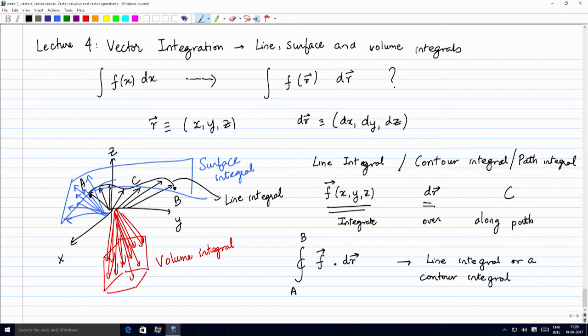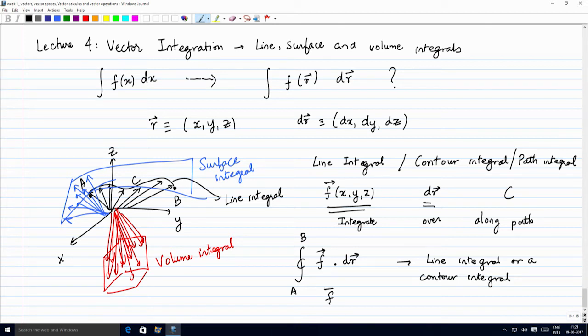Okay. Now, notice I had a vector field f and I took a dot product with this vector differential dr. When I do this, I can expand it out.